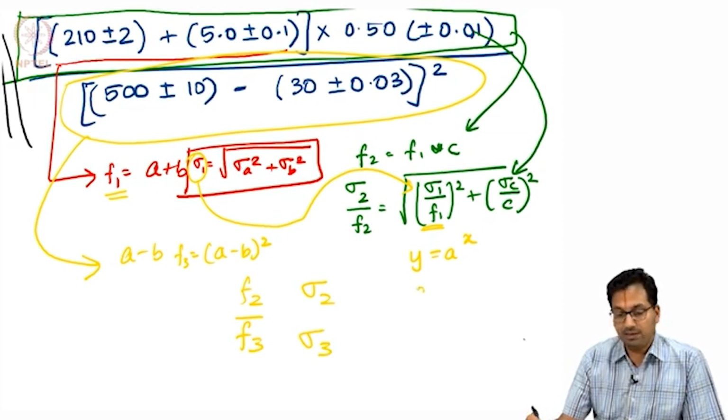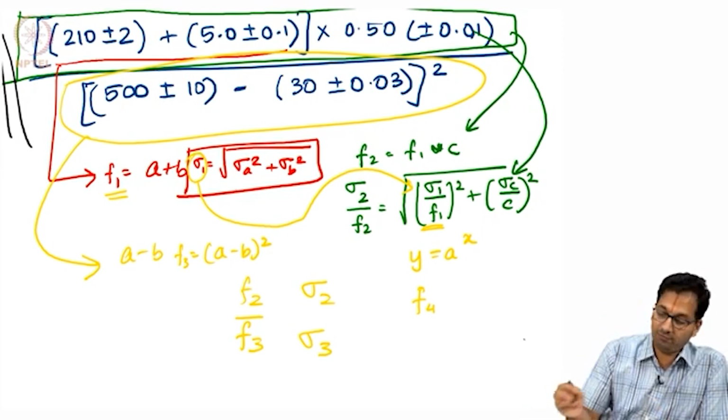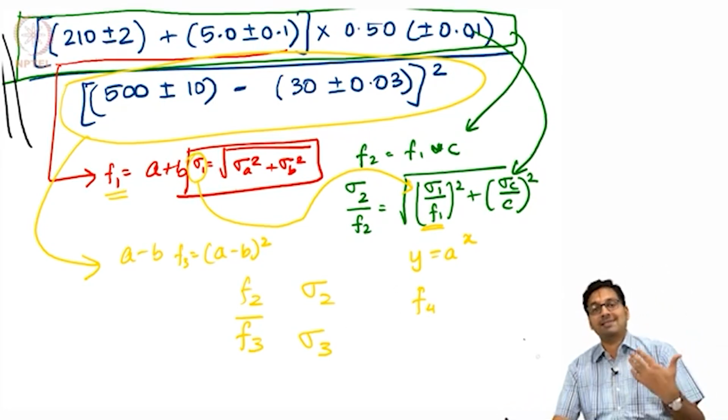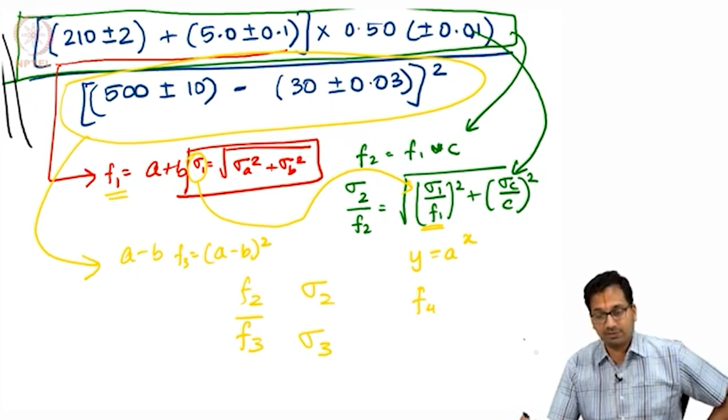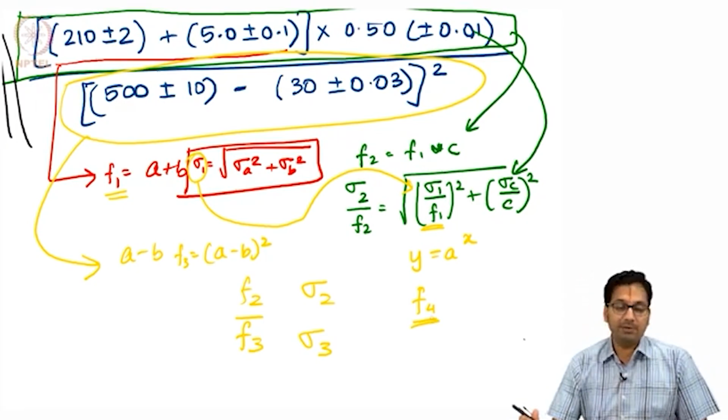So, finally you will be able to get what is f4, let us say that is where we started with. So, f4 will be given by the sum of all of these different errors, sum in the sense like the way you determine each one of this sigma, final sigma that is associated with f4 will be the overall measurement.